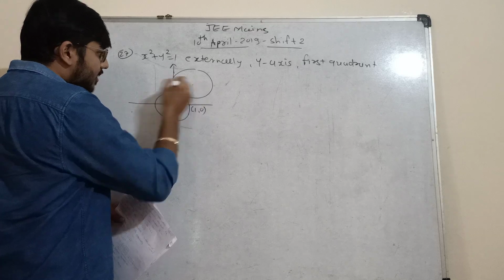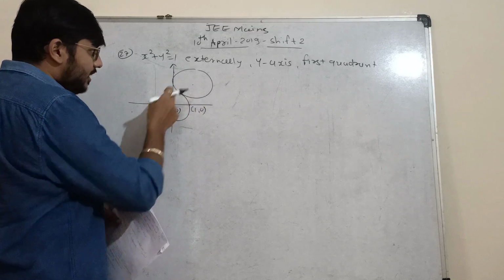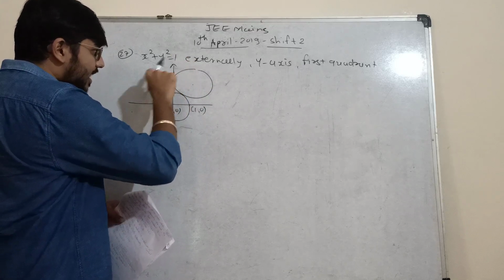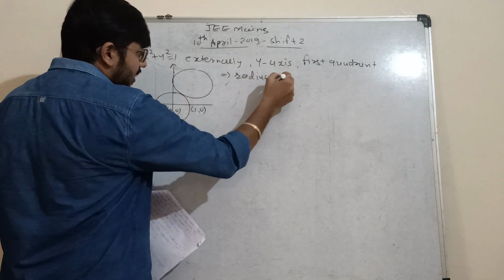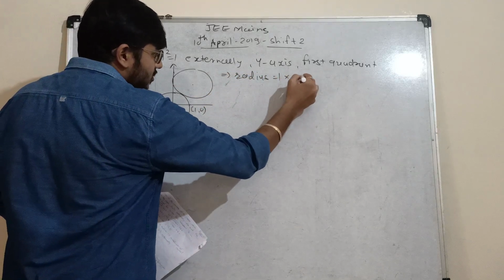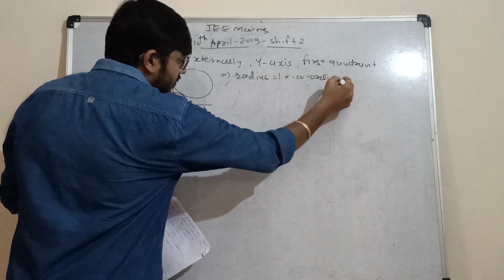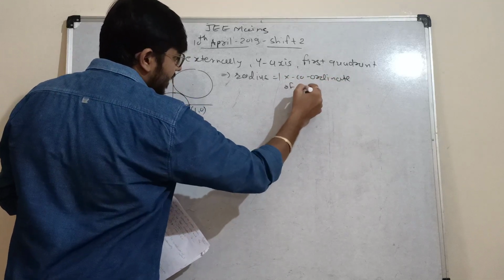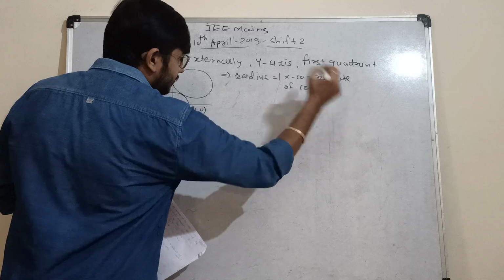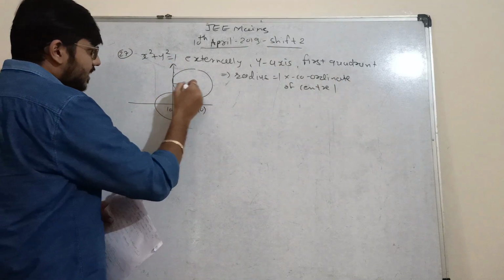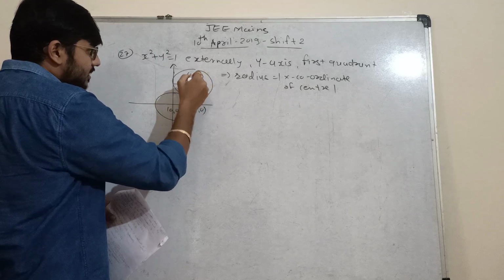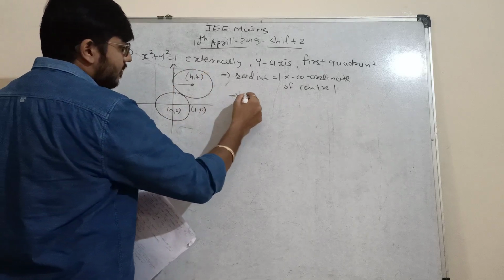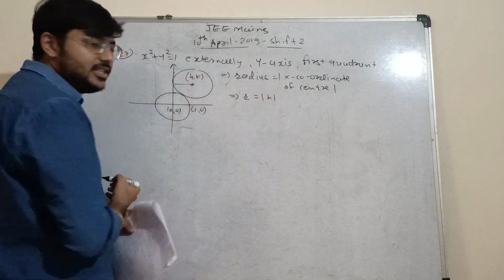Now, we know that if a circle touches the y-axis, then the radius equals the x coordinate of the center. If I say this can be the center (h, k), we have radius equals mod h.